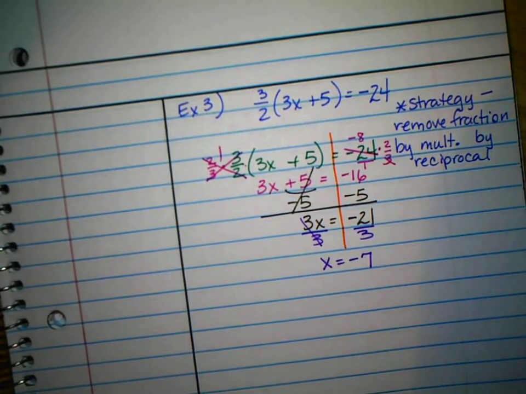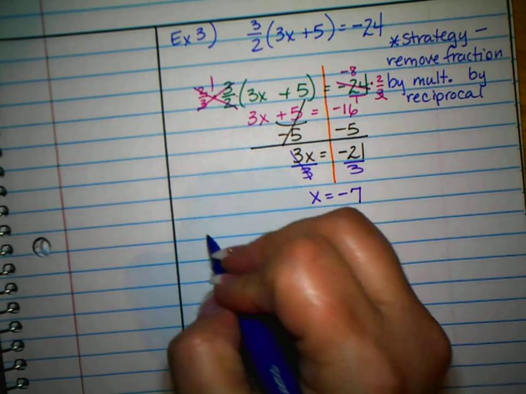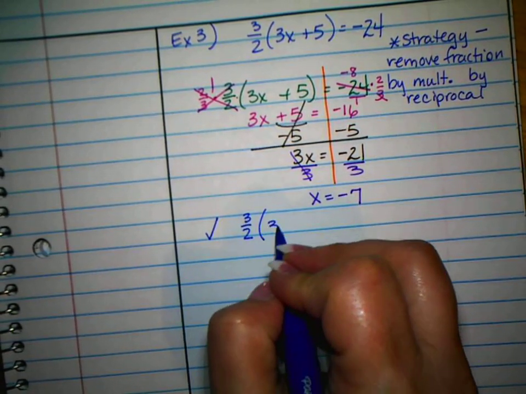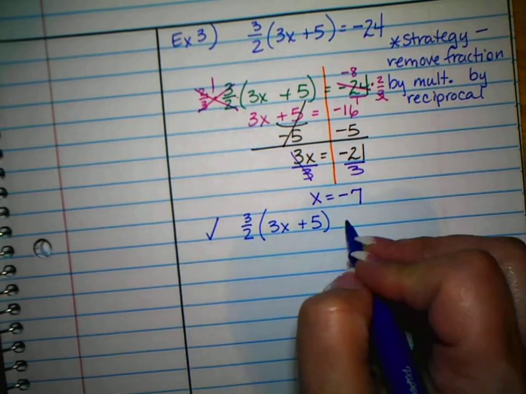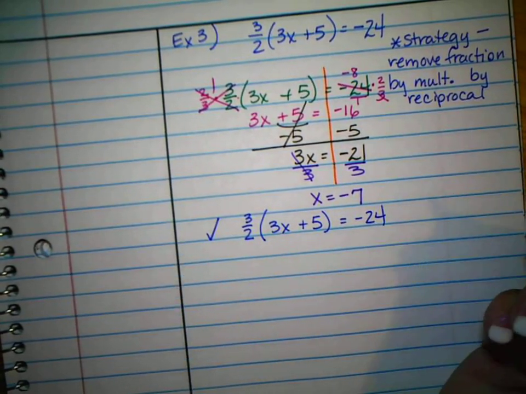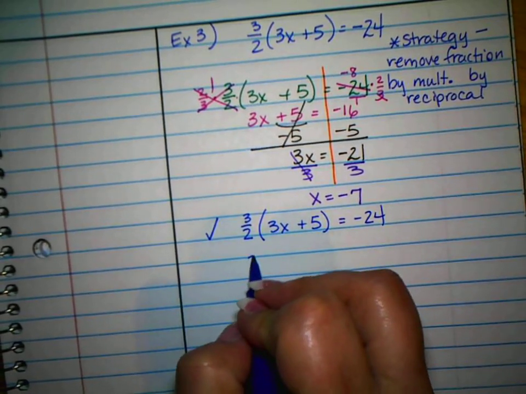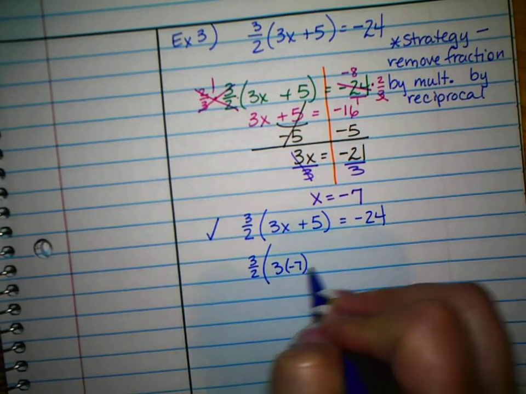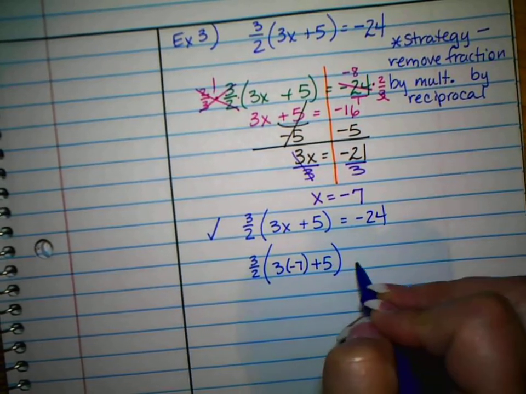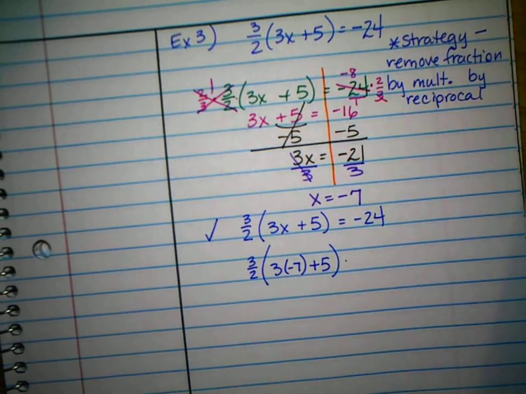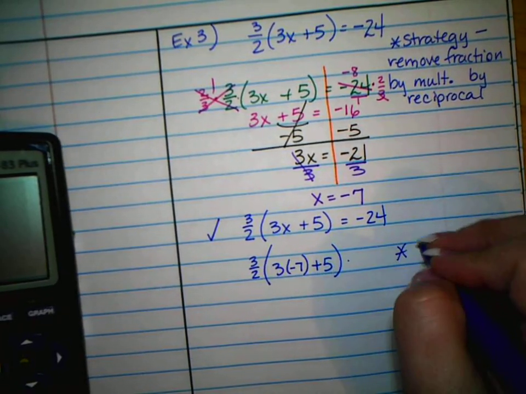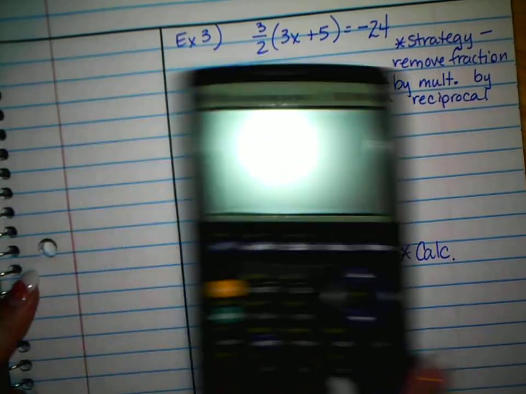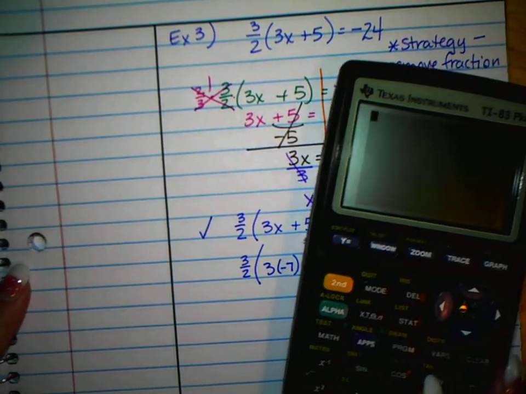And of course I have to, guess what, check it. So 3 halves times 3x plus 5 equals negative 24. So I've got 3 halves times 3 times negative 7 plus 5. And this is where, guess what? Calculator. Okay. So, let's see what I've got.